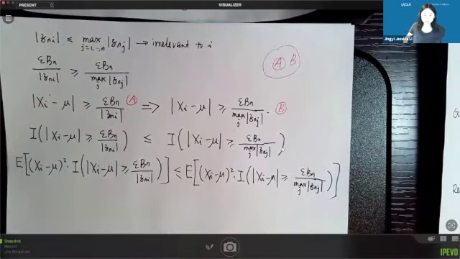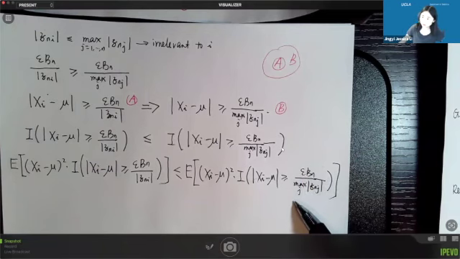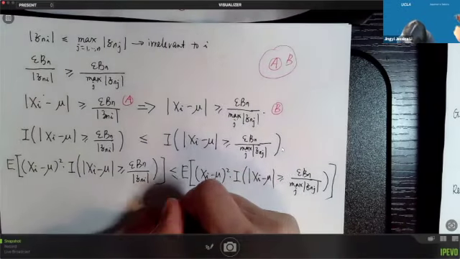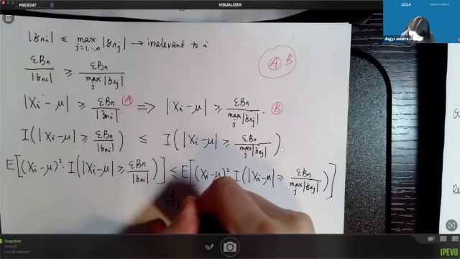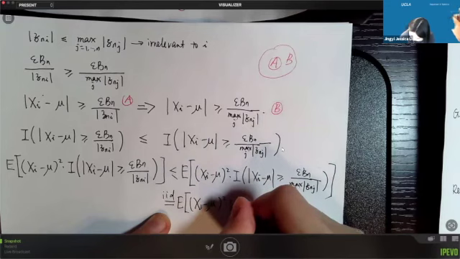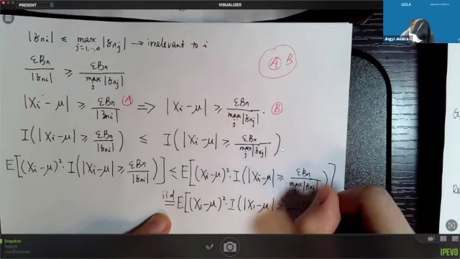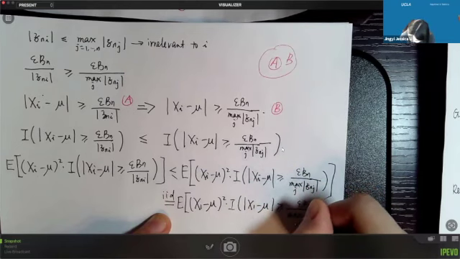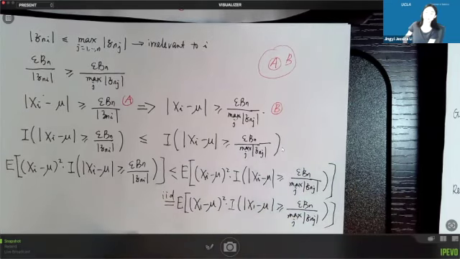Okay, and you see I successfully make this lower bound in the indicator function not relevant to i. So by the IID, I can write this as the expectation of (x_1 minus mu) squared times the indicator of x_1 minus mu greater or equal than epsilon b_n over max_j z_{n,j}. And I'm much closer to what I want.